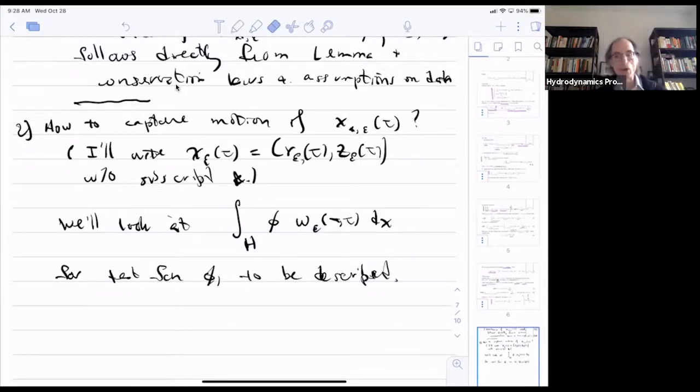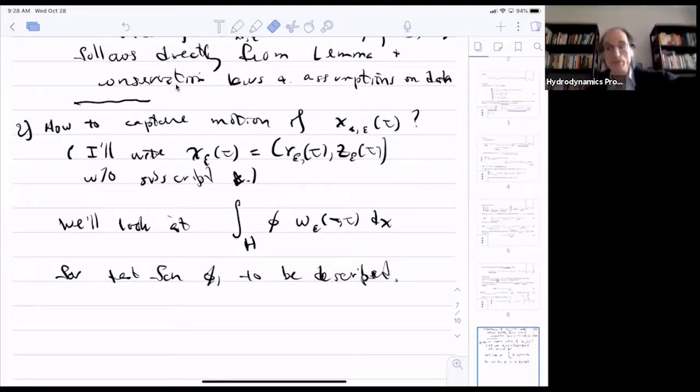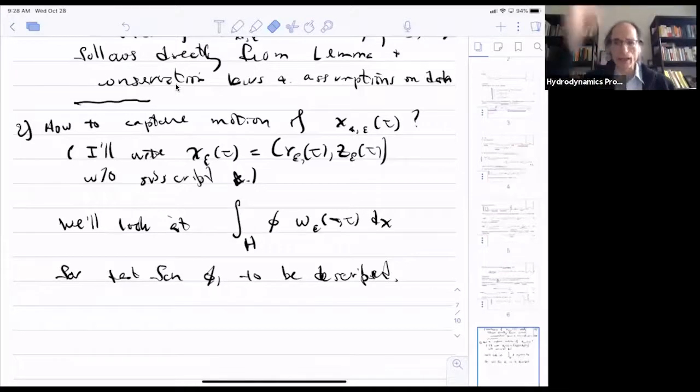Okay, and so I'm interested in how this point x star moves. And I know the r component is always about equal to 1. It's 1 plus or minus a constant over log epsilon. So I only care about the z component. And I know it's staying in this line. I sort of know it's just moving up and down along the track. And so let's design a test function that tells us where it is with respect to the z variable.